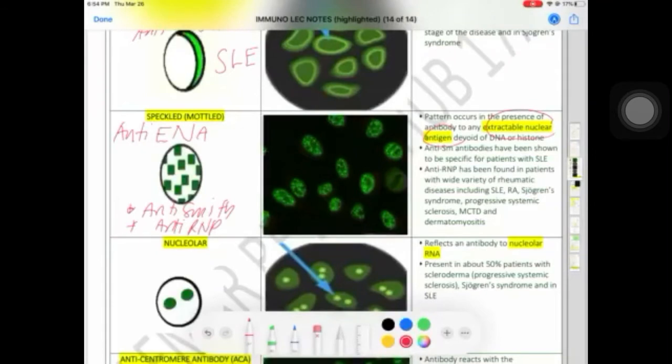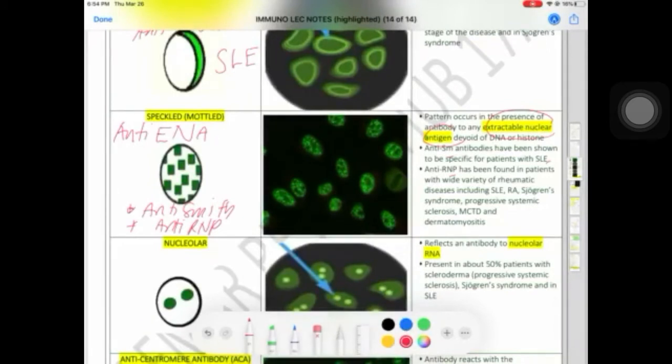Speckled or mottled pepper dot pattern, antibodies to the extractable nuclear antigen, we have anti-SMIT and anti-RNP. Yung anti-SMIT is considered as the marker antibody for SLE. Yung anti-RNP is positive in MCTD, mixed connective tissue disorder, rheumatoid arthritis, SLE.